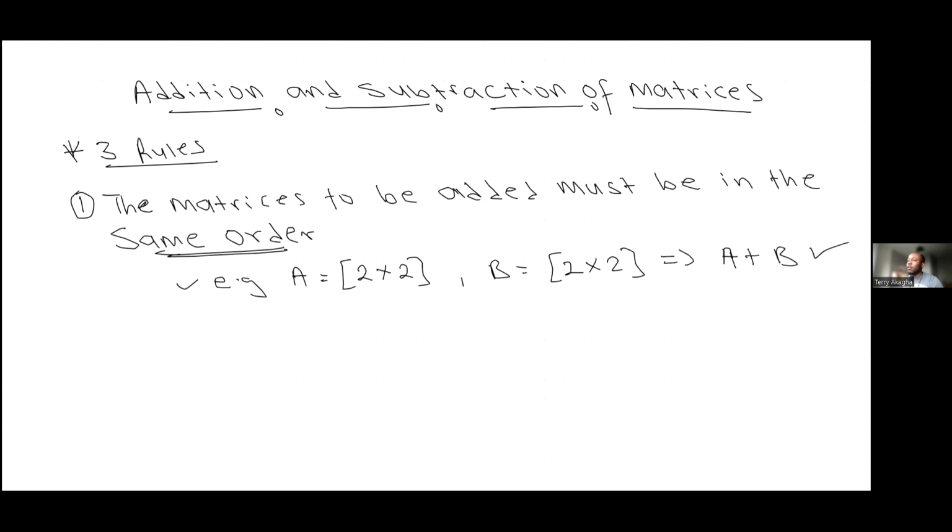But if, for instance, X is a 2 by 2 matrix, so that means it has two rows and two columns, and Y is a 3 by 2, then X plus Y is not possible. So before you start, you should make sure that they are in the same order. When you know they are in the same order, you can then proceed to solve the question.